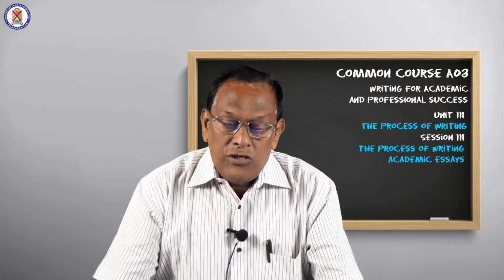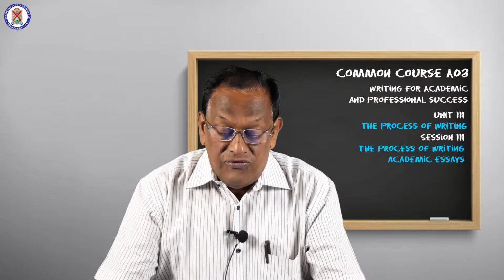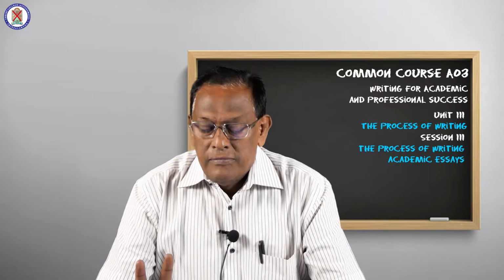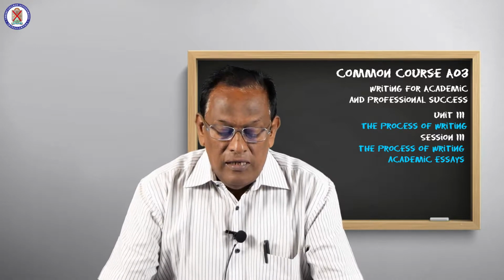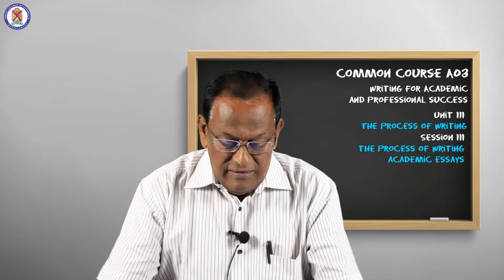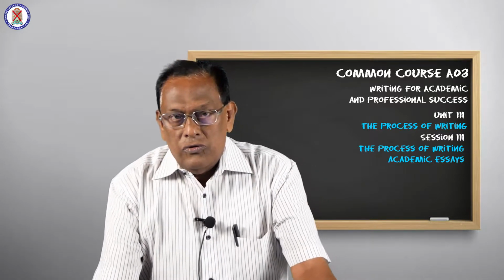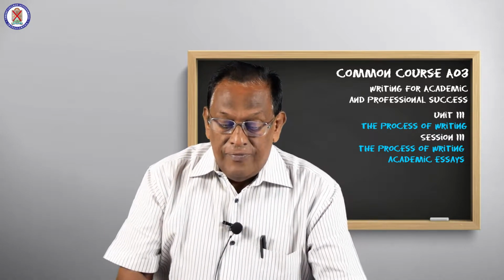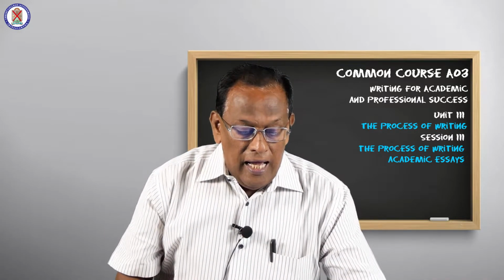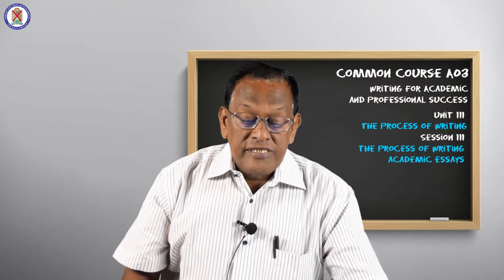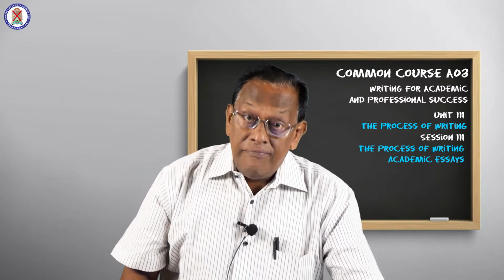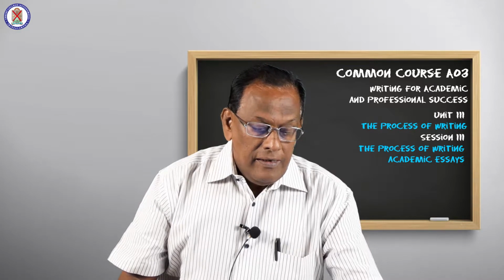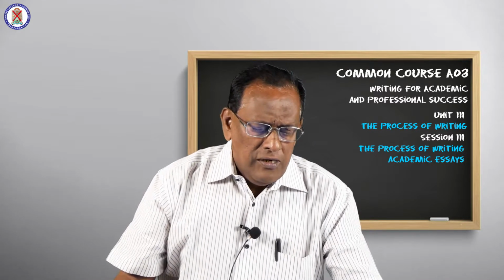I was then talking to you about the features of academic writing, where you may have to remember three words: formal, objective, and technical. I also was trying to concentrate on the process of academic writing, and I told you about some common steps to be followed while attempting to produce an academic essay or report, research paper, or dissertation.